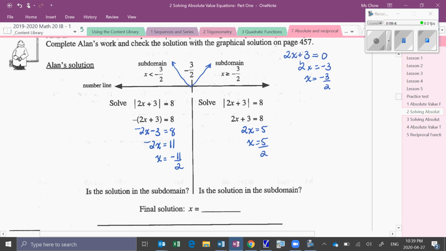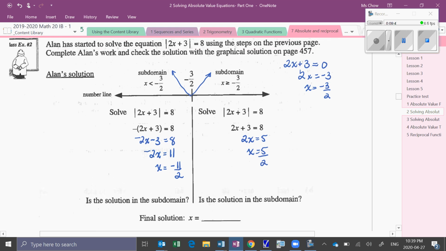The nice thing about this is we could do a check, but the only check that we really need to do is to ask ourselves, is negative 11 halves within the subdomain which is less than negative 3 halves? Yes, negative 11 halves is less than negative 3 halves. So is the solution in the subdomain for this side?